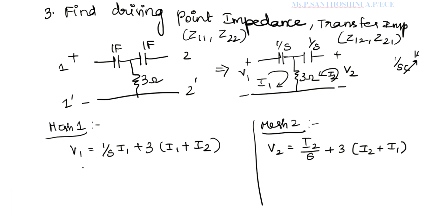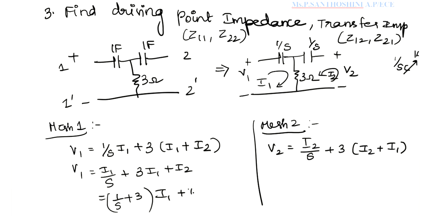Now coming to the equation, V1 will be equal to 1 by S plus 3 into I1 plus 3 I2, and here V2 will be equal to 3I1 plus 3 plus 1 by S into I2.